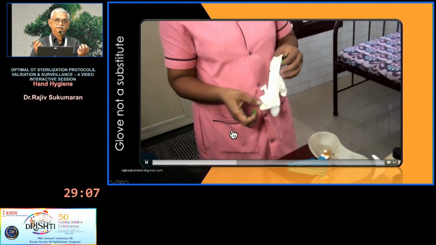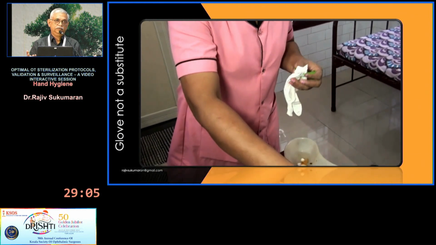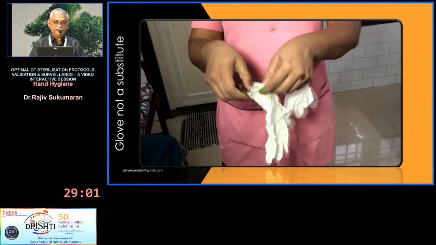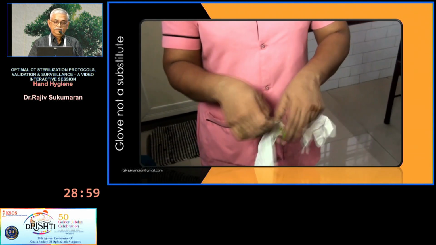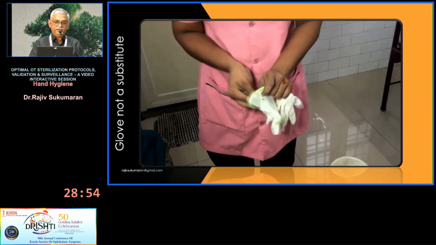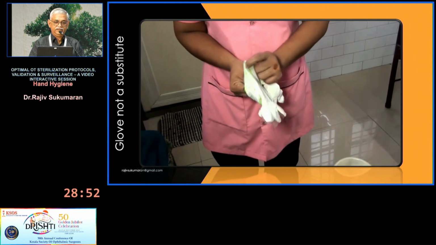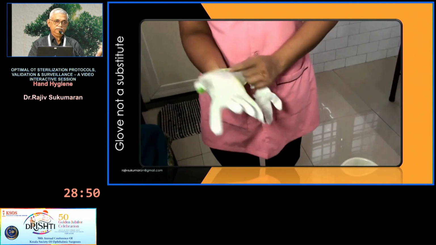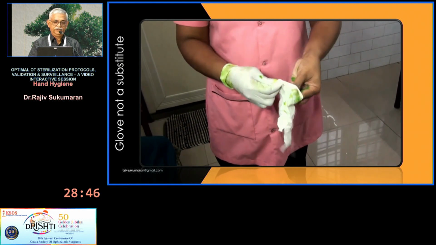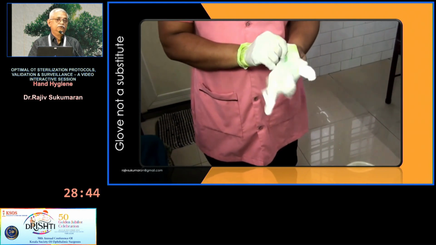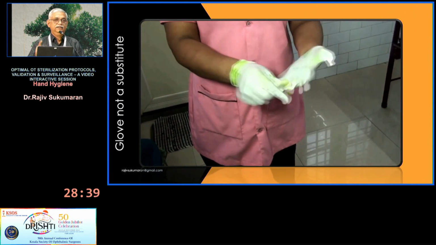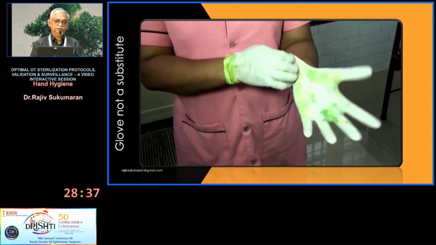Suppose there are some organisms, maybe bacteria or virus, which is demonstrated here as green paint. See? What really happens is you're going to contaminate the glove. See, already that paint has come on the outer surface of the glove. So it's not going to protect you at all. What you have to do is hand hygiene, then take the glove and use it.